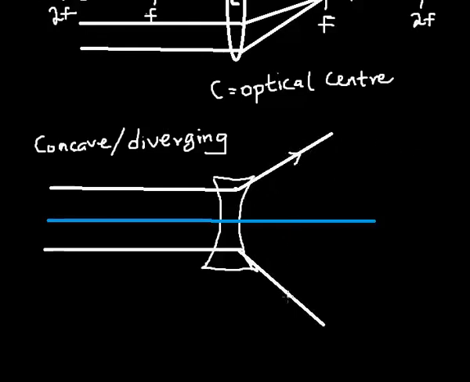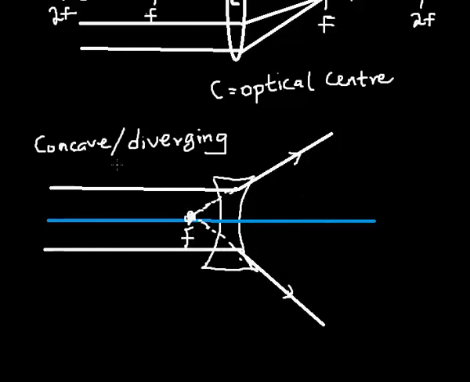But if you trace the ray backward virtually, the ray that just refracted, and you still trace it backward, you discover that it will still meet at a common point, still the principal focus.